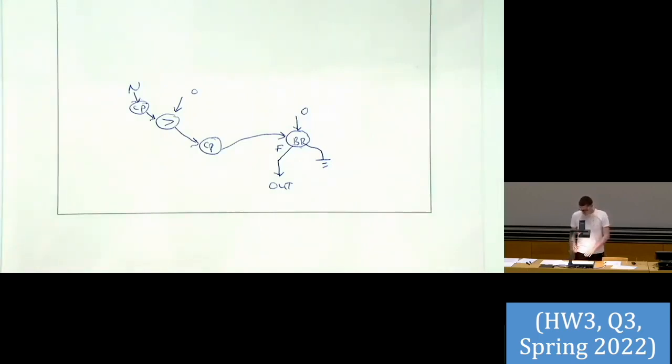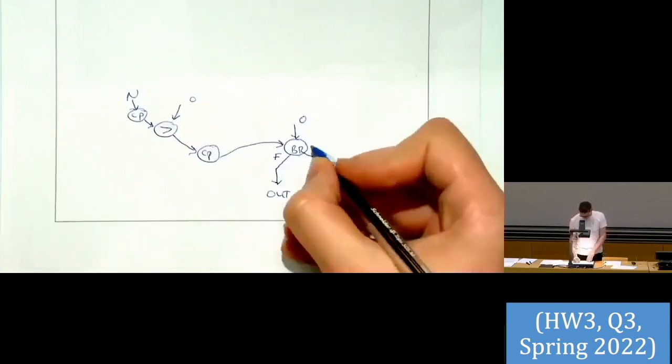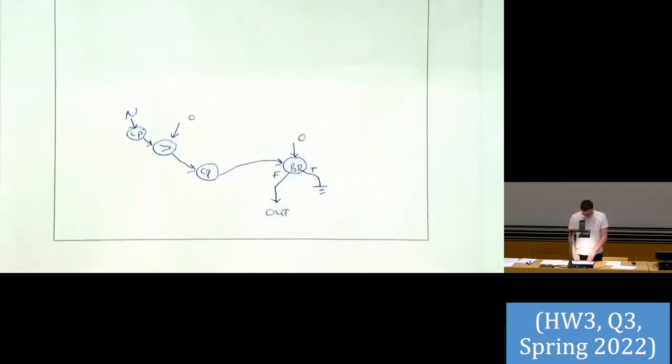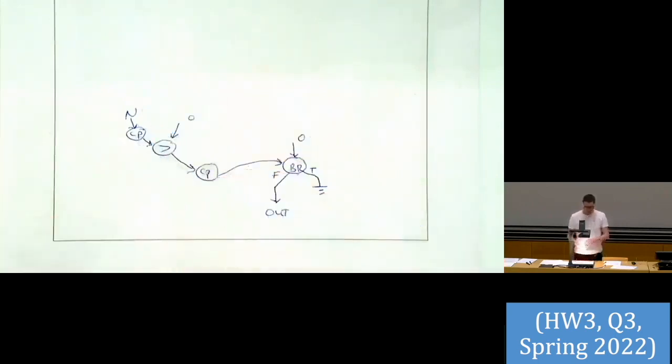Okay, so the next step is making it work for other values too, right? For n equals 1, it should return 1. So we should do something else to implement that case. So let me put t here to indicate the true path. Okay, so the next thing we will do is, since we check the first iteration here, we will need to decrement n if it's larger than 0, right?